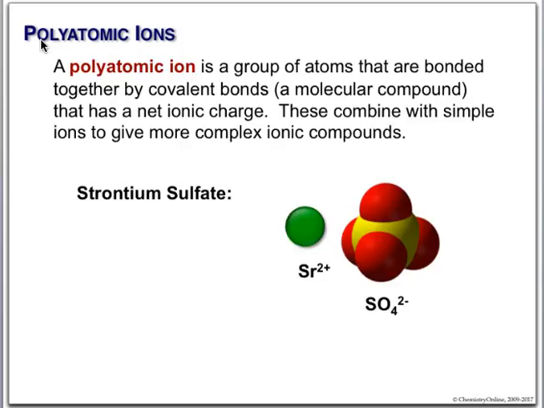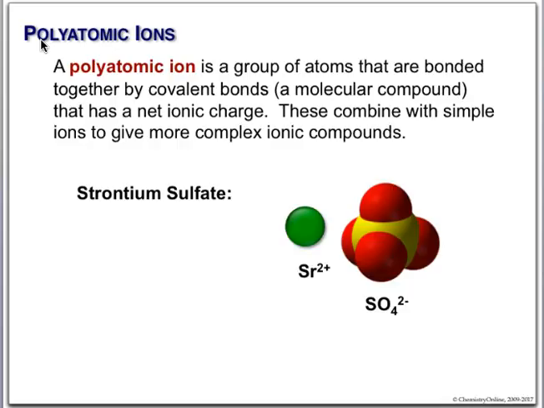The sulfate anion that we've paired with it here looks like this. Has 1 sulfur, 4 oxygens, and a -2 charge. Now, because strontium is +2, sulfate is -2, this is a neutral compound, isn't it? Same number of charges for both.